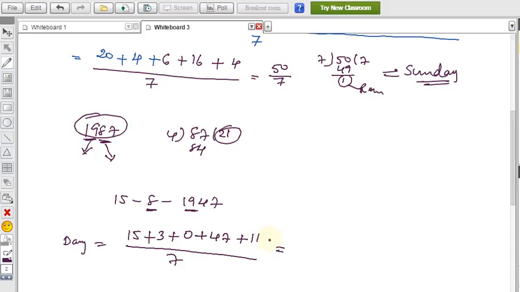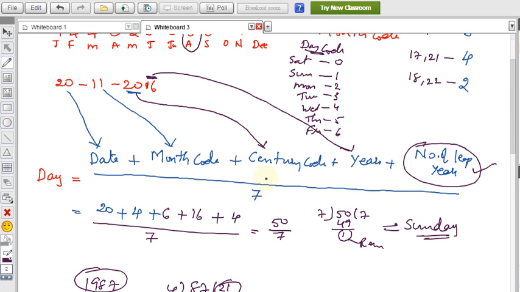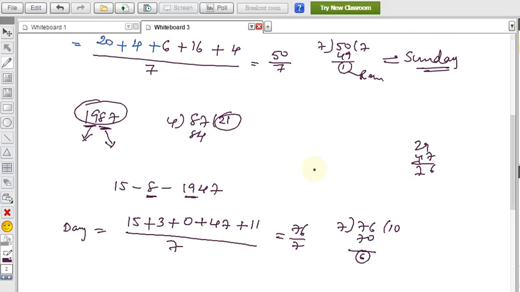You need to add all these first. 18, 28, 29 and 47 gives 76. 76 divided by 7: 7 tens are 70. The remainder is 6. Now if you see the code, 6 is Friday. So Friday we got independence. That is 1947 August 15th.